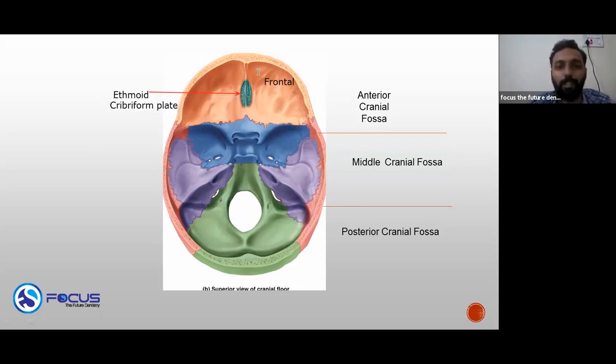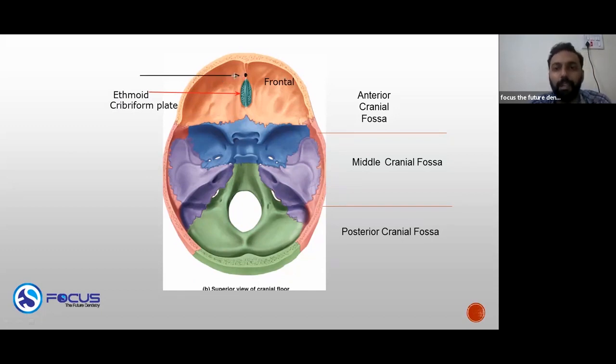Now there is one more structure which is supposed to be here. I will just draw it. In this picture it is not seen properly. So there is a foramen here. In some books it is given wrongly that it is part of ethmoid bone. It is part of frontal bone. There is this particular foramen here.